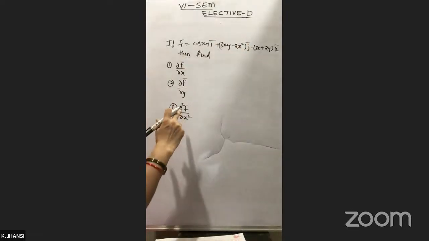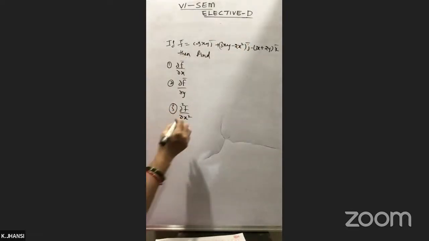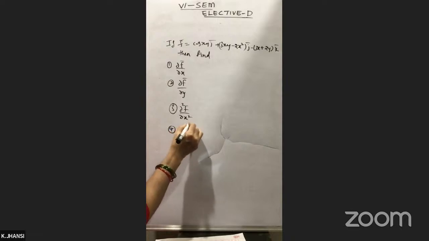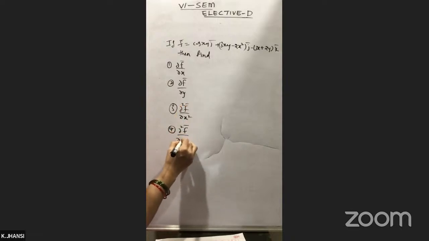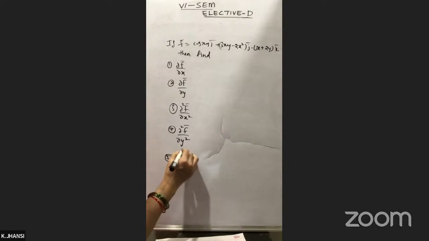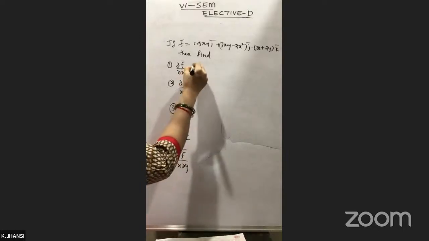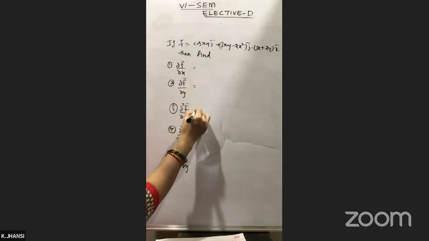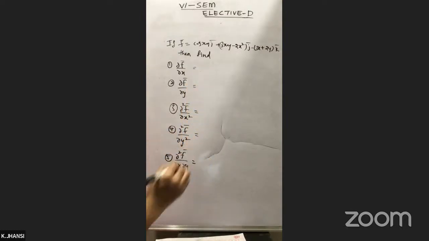So dou square f by dou x square and also dou square f by dou y square. Next, fifth one is dou square f by dou x dou y. So these values we have to find from the given function.